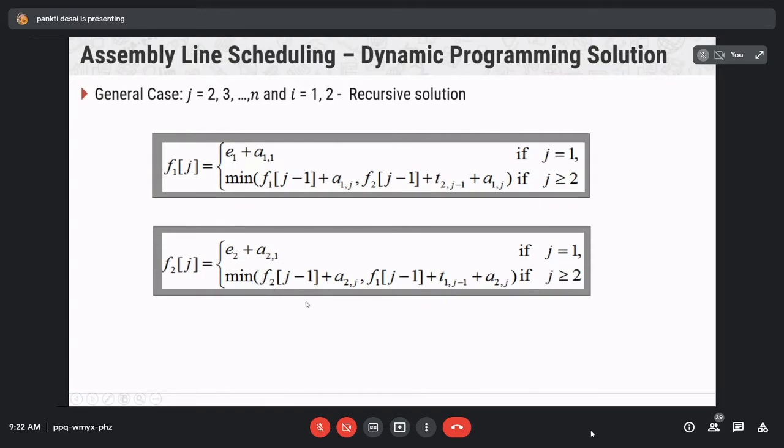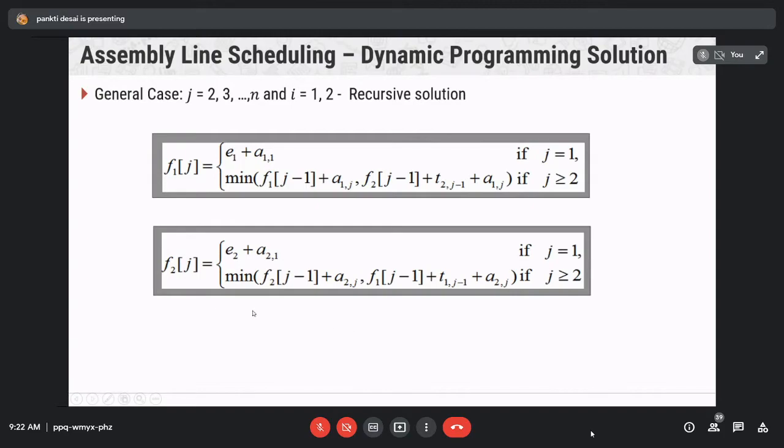F2(j-1), which means in the second assembly line the previous station's time, plus A2j, the current station time, or F1(j-1), that is the first assembly line's total time to reach that station.